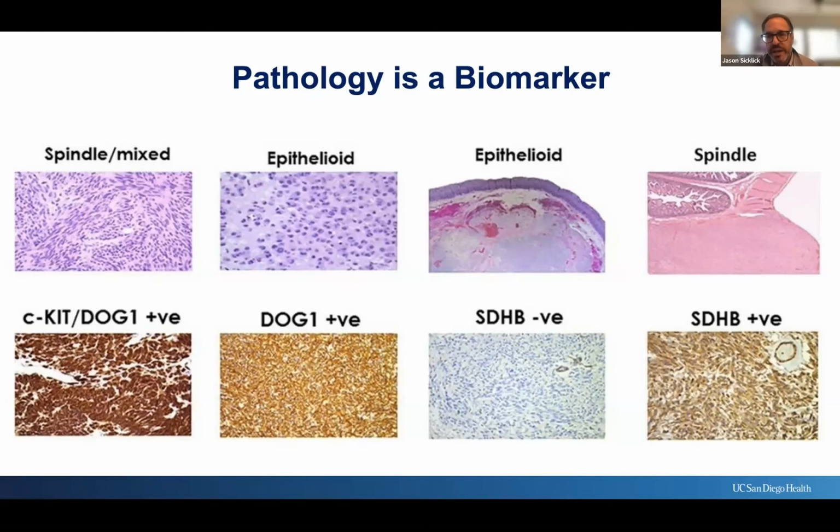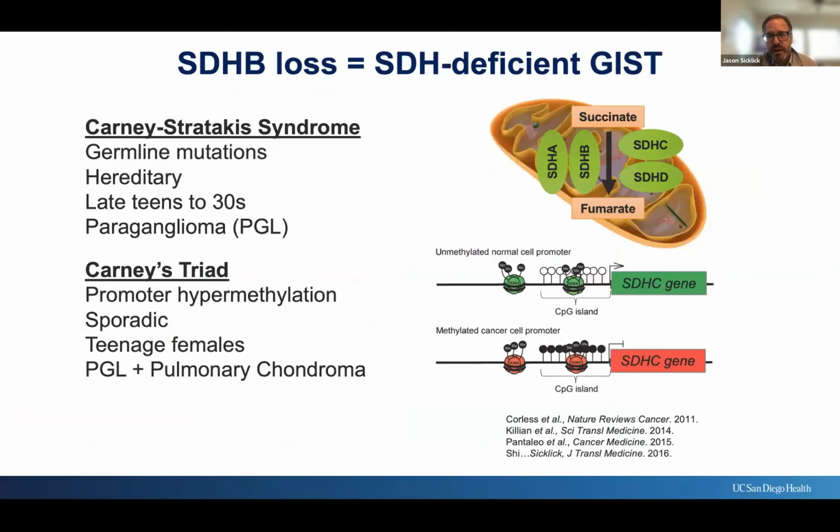And so what we can start breaking down is adding a third staining biomarker of GIST that we need to study. And so this SDH loss indicates that these patients have a sdh-deficient GIST. And so again, these come in two different subtypes. There's the Carney-Stratakis syndrome, which is caused by germline mutations, meaning hereditary mutations.